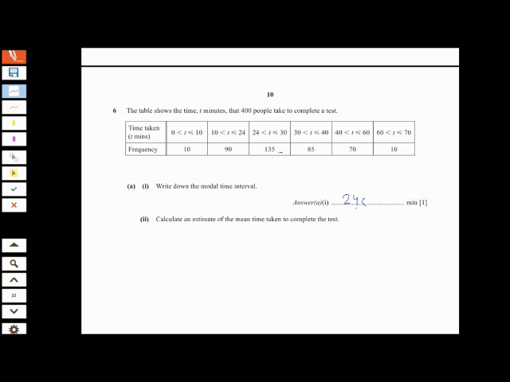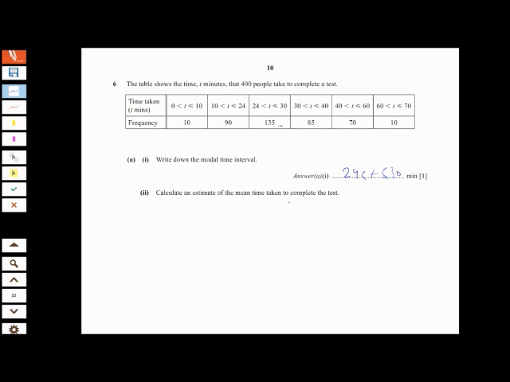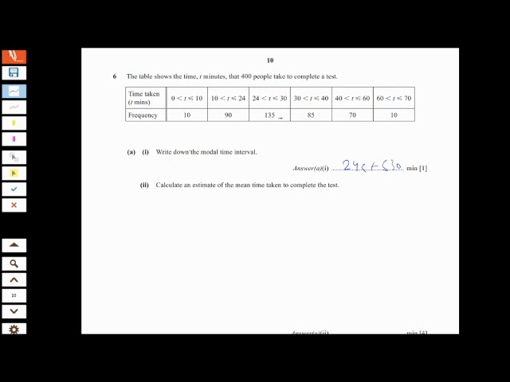Now calculate an estimate of the mean time to complete the test. In order to do that, we have to find the average time for each. How to find the average time? You basically add the first and the second, divide them by 2.